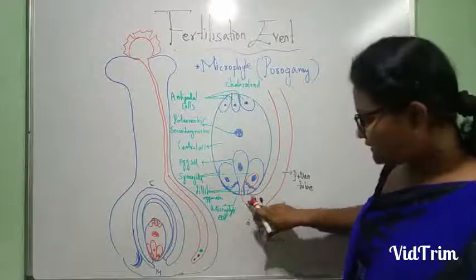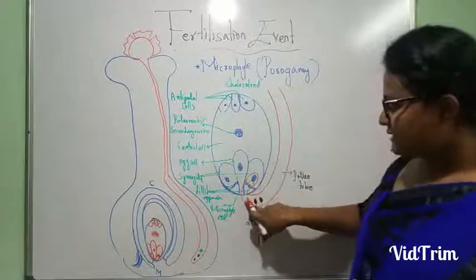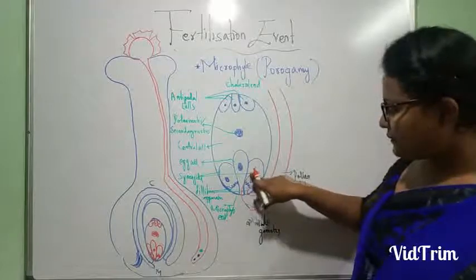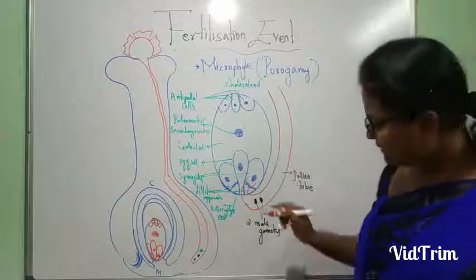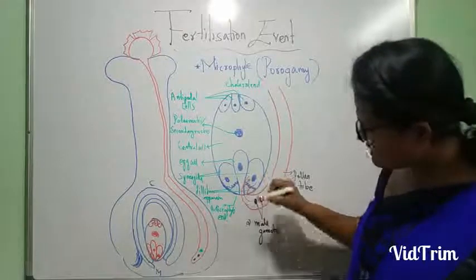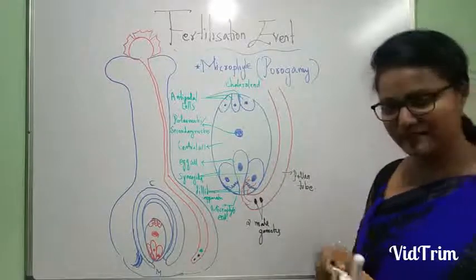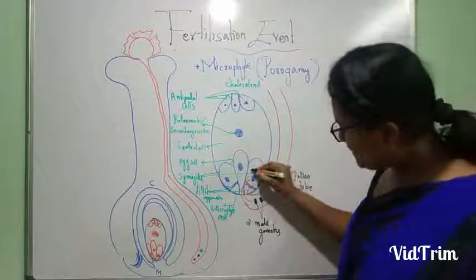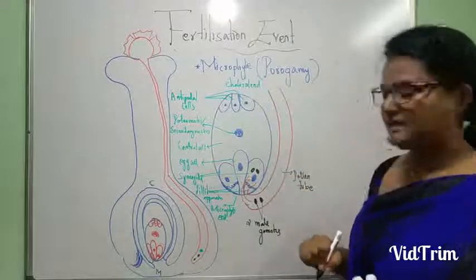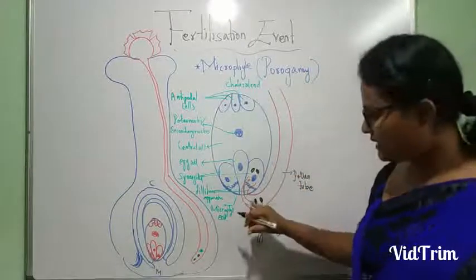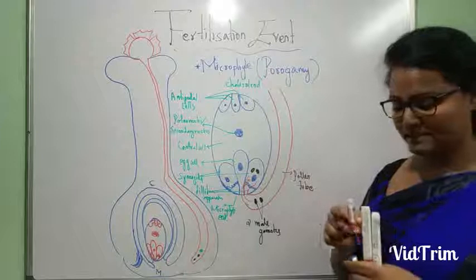The vegetative nucleus helps to degenerate the end of the pollen tube, and the two male gametes travel within the synergid and are deposited in one of the synergid cells.